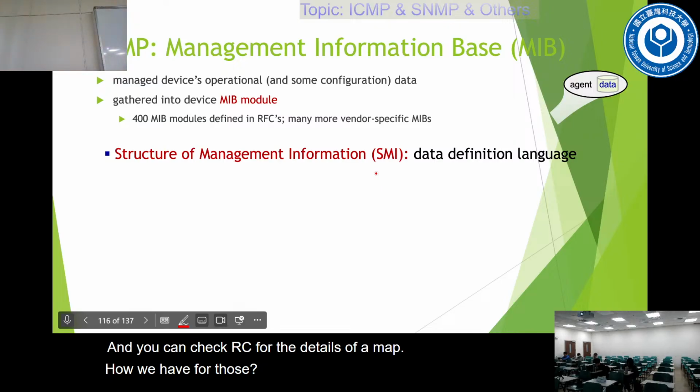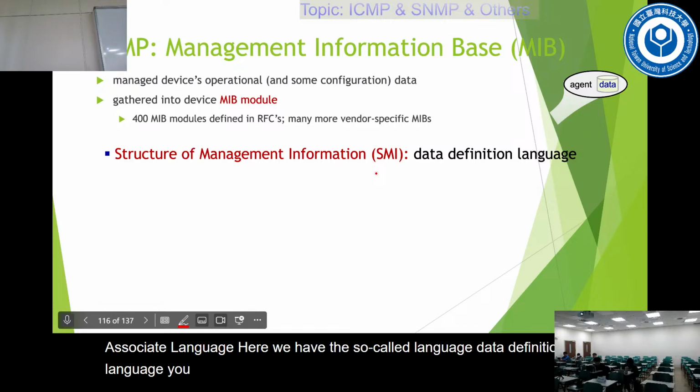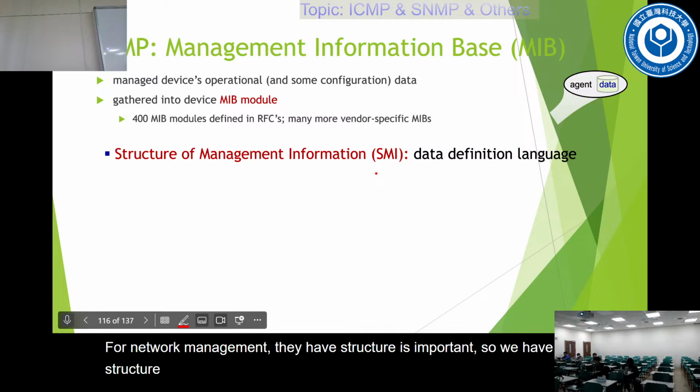And for network configuration, we will have an associated language, the so-called data definition language. You see, for network management, data structure is important. So we have the structure of management information, SMI.